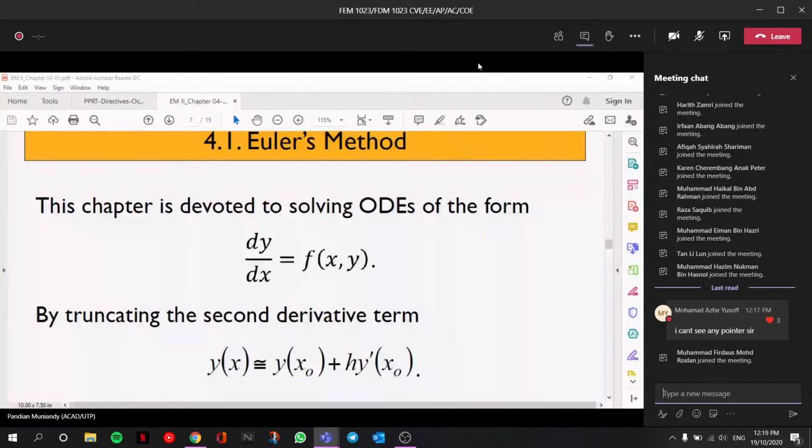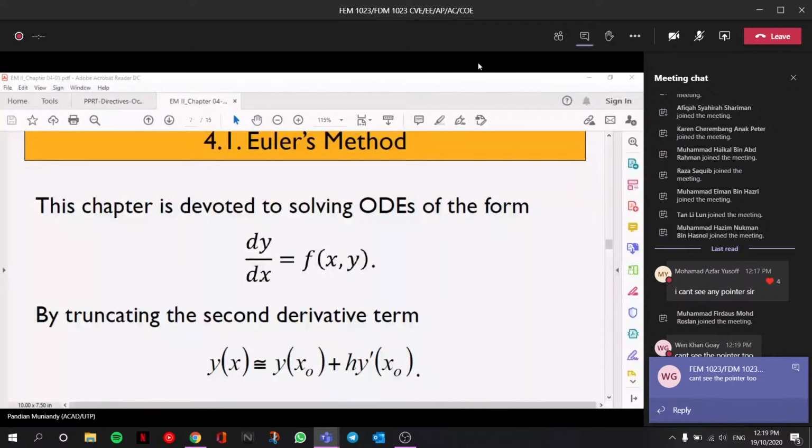So this chapter is devoted to solving this dy dx equals f(x,y) by truncating the second derivative term. That means no y double dash. So you only have y(x) approximately, you see this sign, approximately y(x naught) plus h y dash (x naught). So this term dy dx, you must substitute with this one, f(x,y).